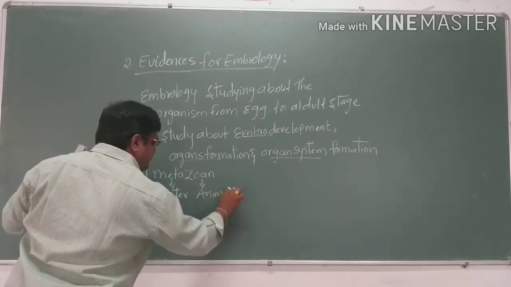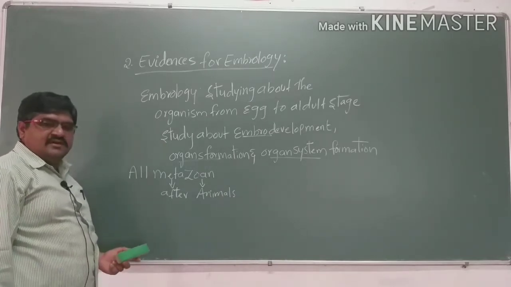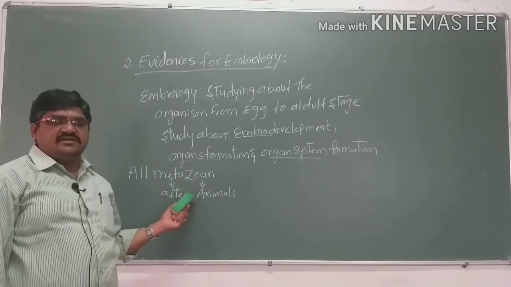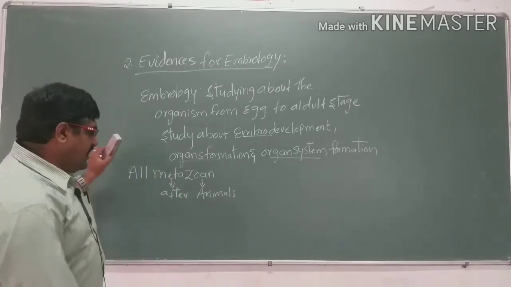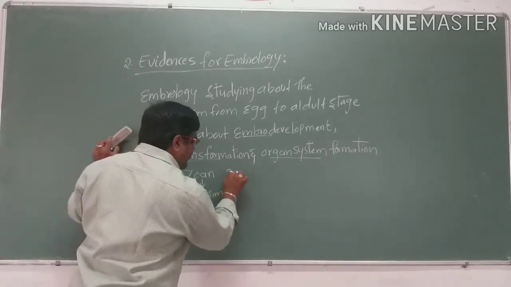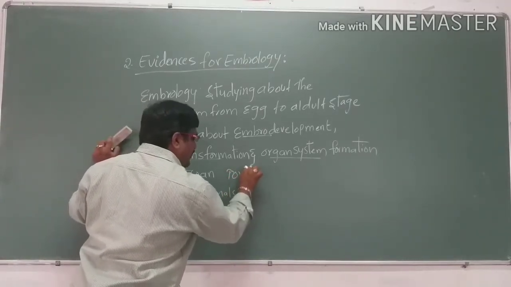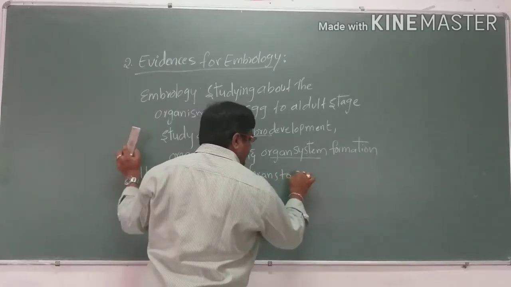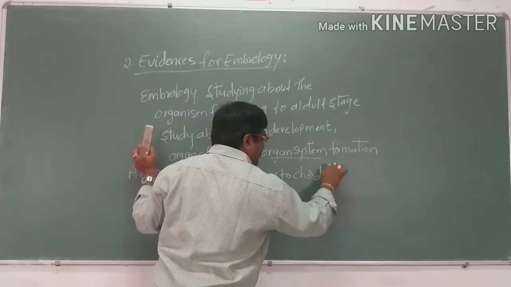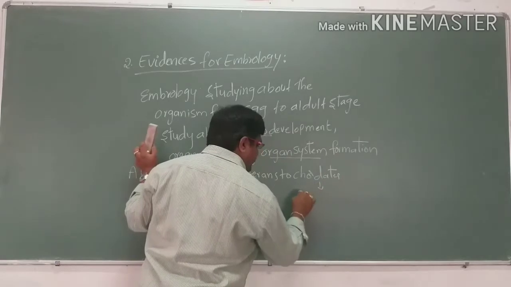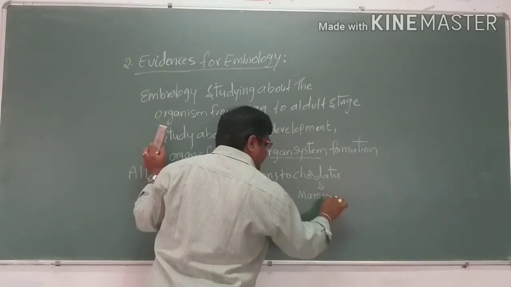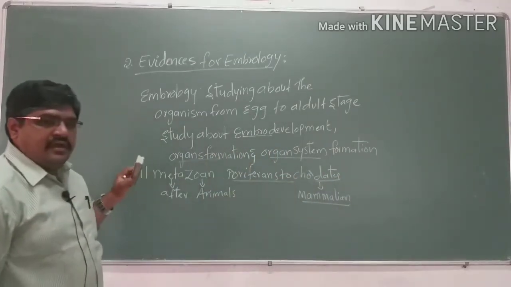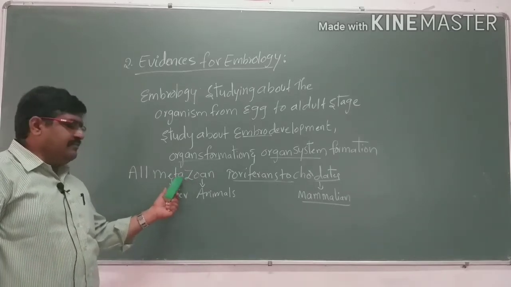These are the later formed animals, so we call them metazoans. From the poriferans to the chordates, including mammalians, we call them metazoans.